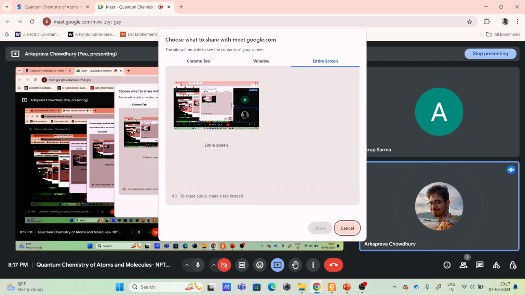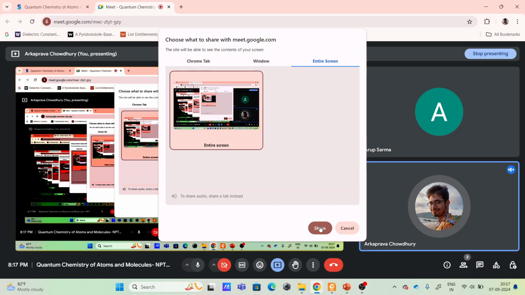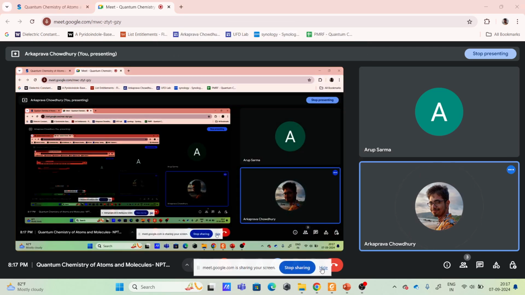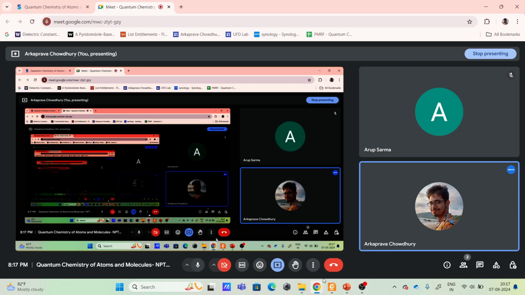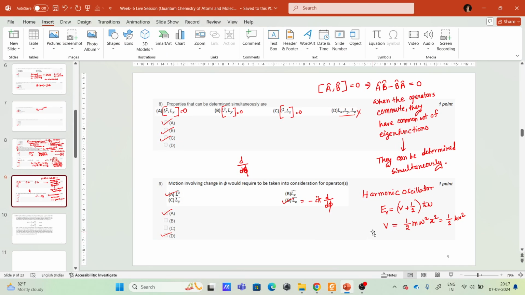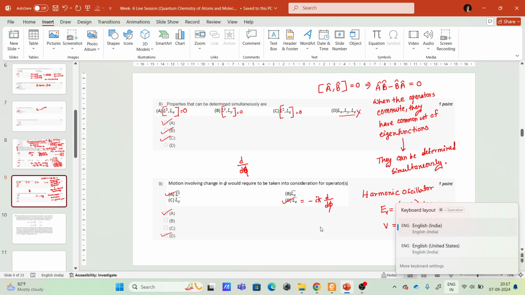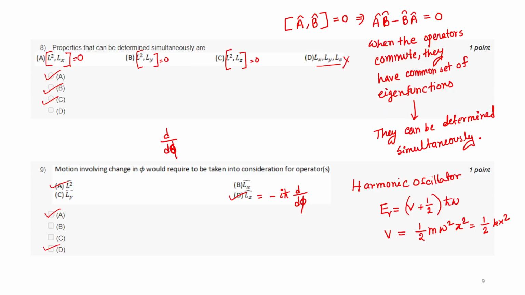Actually, you will get the question in the notes maybe when you see the notes. What I was asking is that for a harmonic oscillator, we have the expression for a state, v plus half into h cross omega, that we can determine.